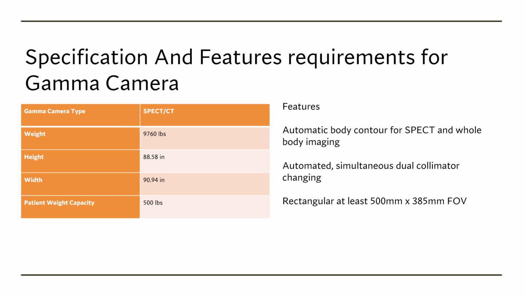Patient weight capacity will be 500 pound. Future: automatic body contour for SPECT and whole body imaging, automated simultaneous dual commutator change, rectangular at least 500 millimeter by 385 millimeter FOV.